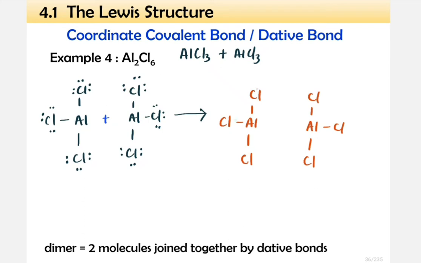Alright, so this one, okay, this chlorine, 1, 2, 3, 4, 5, 6 kan original dia punya lone pair tu tadi. So one of the lone pair, contoh yang ni, dah di-share dengan aluminium of the other compound. So kita padam yang ini, kita akan tunjuk arrow. So from chlorine to this aluminium. Jadi kita dah ada dative bond yang pertama.